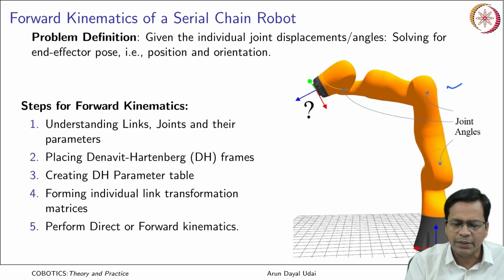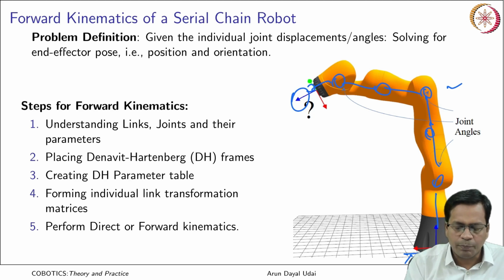It is a standard serial chain robot. It has a fixed base here and it has an end effector that comes here. That actually does the job, and you have a link, a joint, a link, a joint, link, joint, link, joint, and finally it terminates. So it is a serial chain.